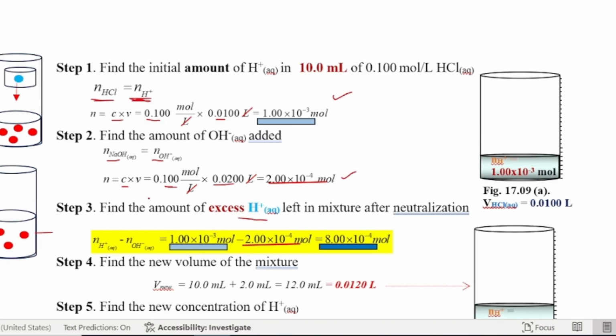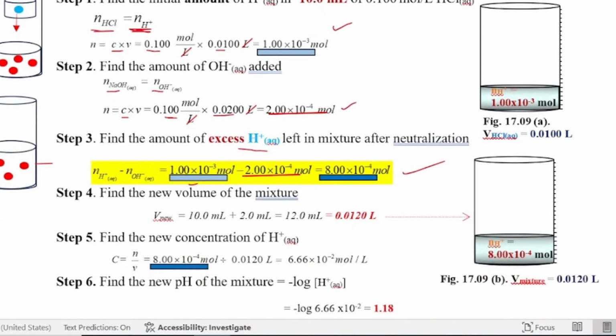Excess hydrogen will be equal to what you had initially, which is this, minus that amount that you're adding there. And this is what you will be left with. So in this resulting solution now, watch this. You're going to have that amount of hydrogen ions. What happens? Because to that now, you're adding 2 milliliters. The volume here will increase by 2 milliliters.